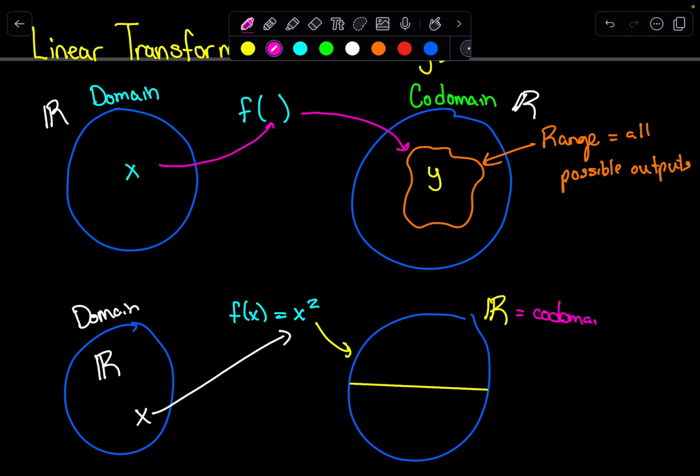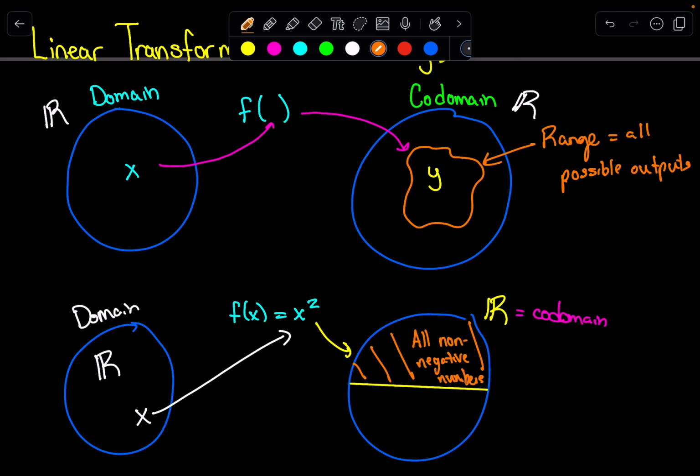But the actual possible values that we could get live up here, and this is all non-negative numbers. Because that's what we can really get out from this function.